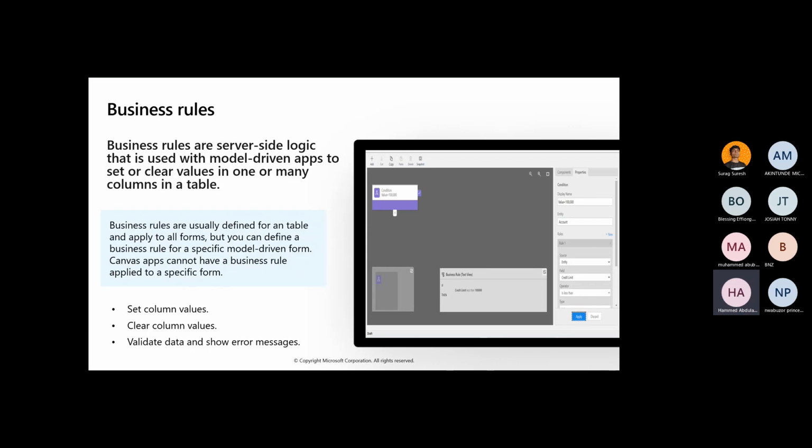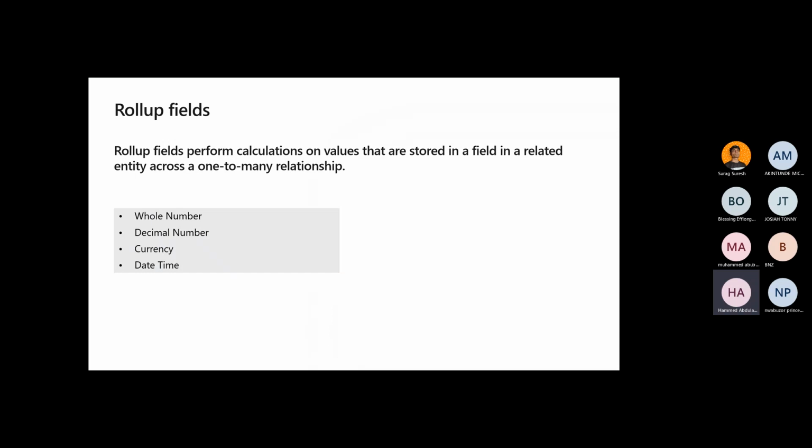The business rules are usually defined at form level or at entity level, right? With a business rule, you can set column values, you can clear the columns, you can validate data within the columns, right? You can also make the field required, and so on and so forth, right?